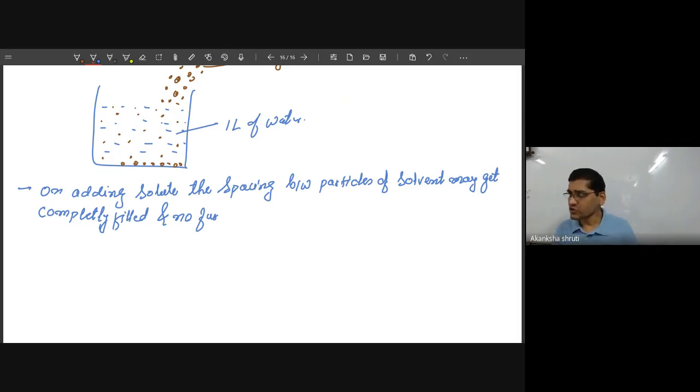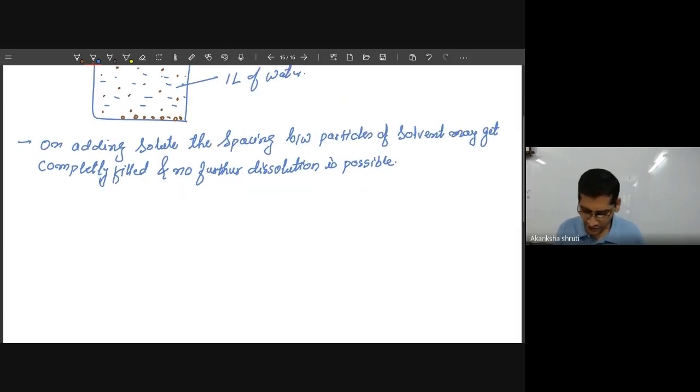Dissolution means it is able to go in between the interparticle space.